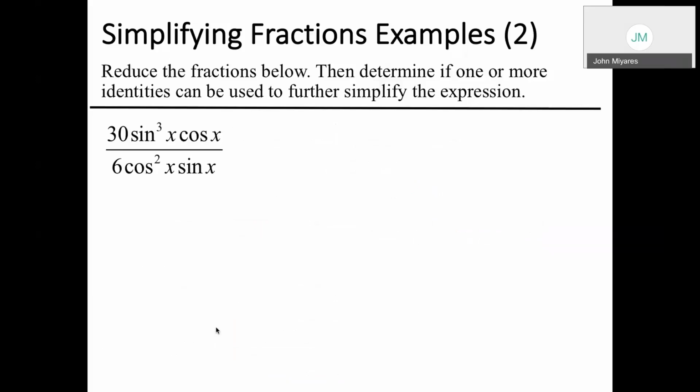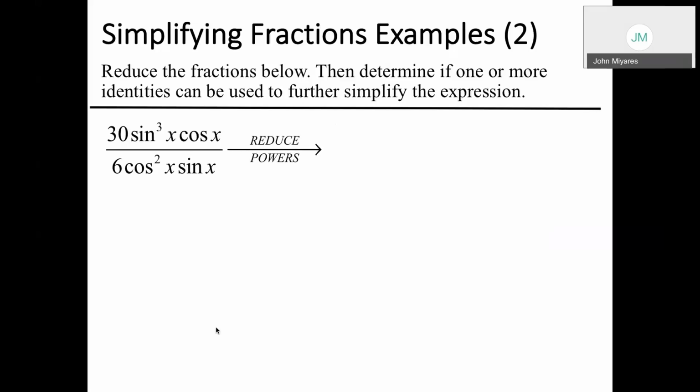Here's another one which actually looks simpler, but in some ways can be more frustrating. Here we have 30 times the sine cubed of x times the cosine of x all over 6 times the cosine squared of x times the sine of x.